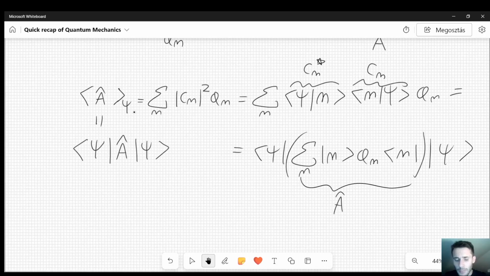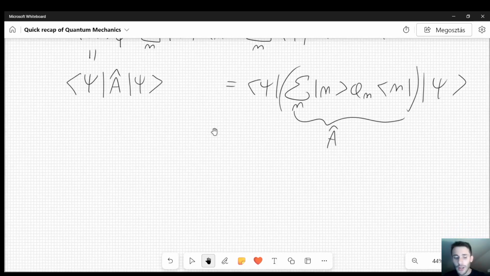Then another important concept that we have in quantum physics is the concept of hermeticity. So when we consider Hermitian operators, why are they so important? Well, because let's start from a simple definition.